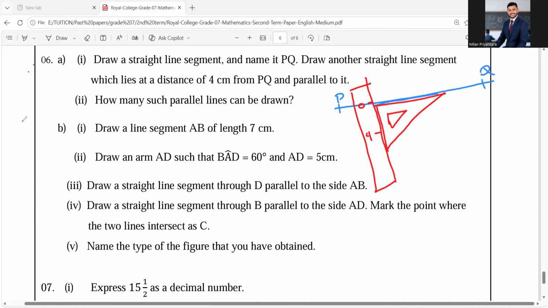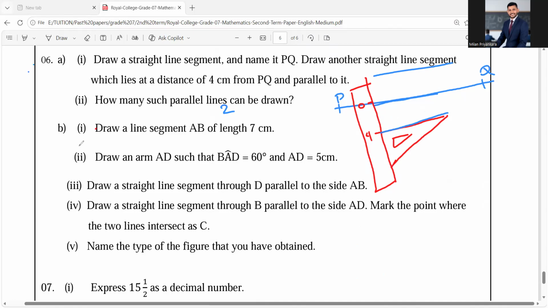Then you move the set square to here, and draw at this 4 centimeter mark. Now that's your line, which is parallel. How many such parallel lines can be drawn? Actually, the answer is 2. You can draw another line on this side, right?